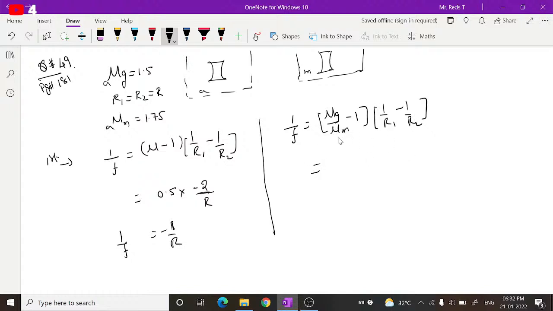Mu of glass with respect to air is 1.5, and mu of medium with respect to air is 1.75, so 1.5 by 1.75 minus 1, into minus 2 by R.